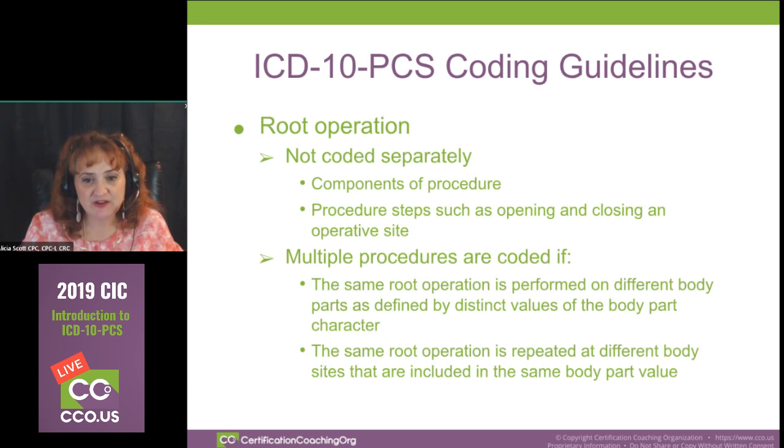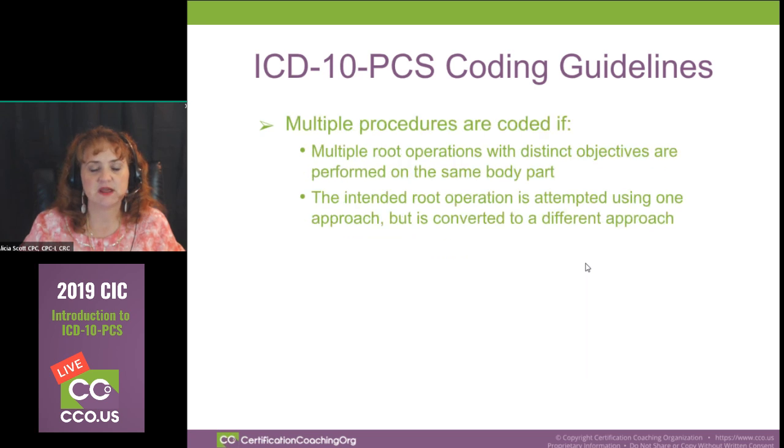Multiple procedures are coded if, again, you do the root operation and then you have multiple choices in that next column. The same root operation can be repeated on different body parts. When you're doing multiple procedures, the root operation is distinct, but you may have to repeat a code twice because of the body part.